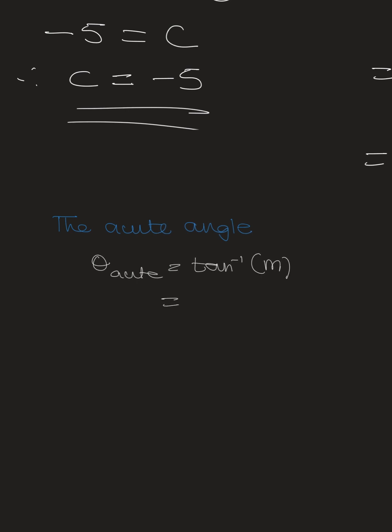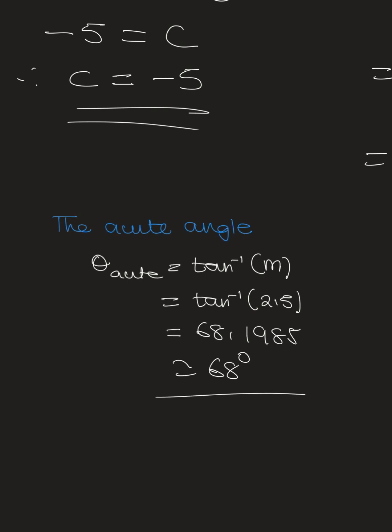So if you calculate the gradient correctly, you will be able to get this answer exactly. The gradient is 2.5. So the tan inverse of 2.5 is 68.1985. So that is approximately 68 degrees. Okay, that is how you find the answer.